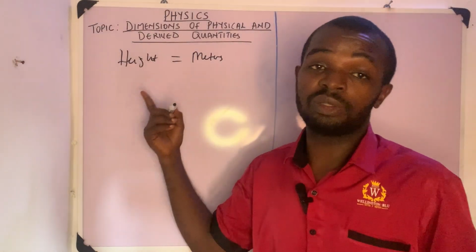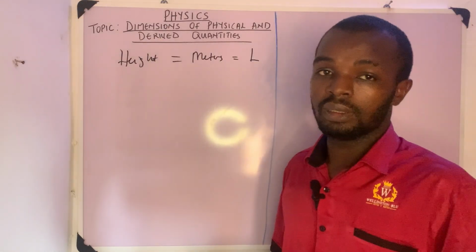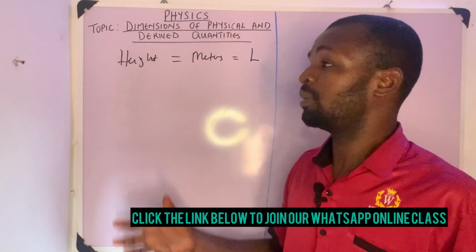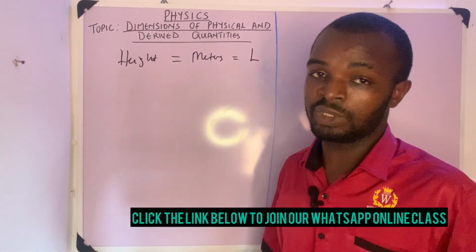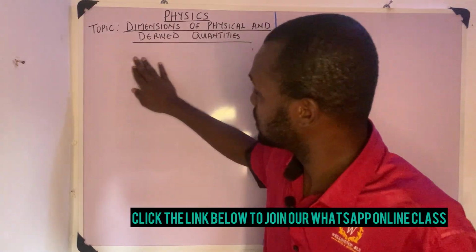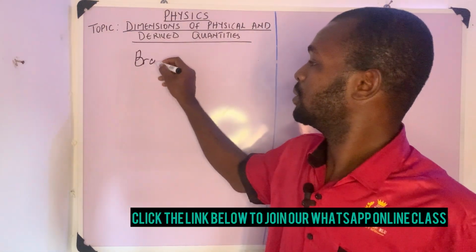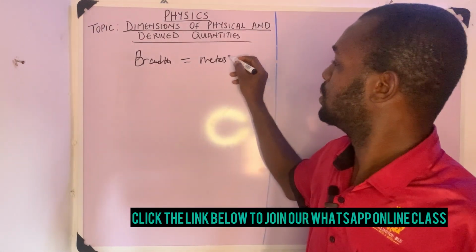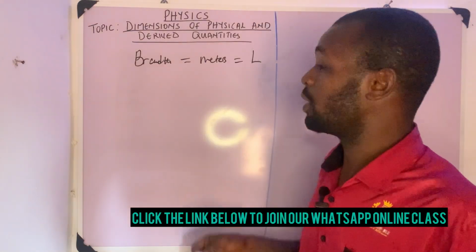And since it is measured in meters, the dimension will fall under L. So now, any quantity that is measured in meters should fall under length, which is L. Breadth, since it is measured in meters, will also be length, which is L.